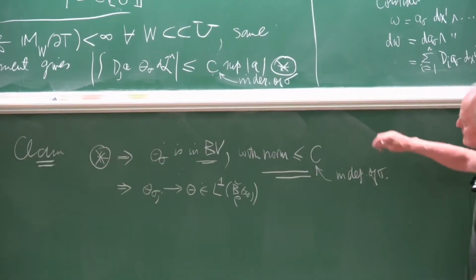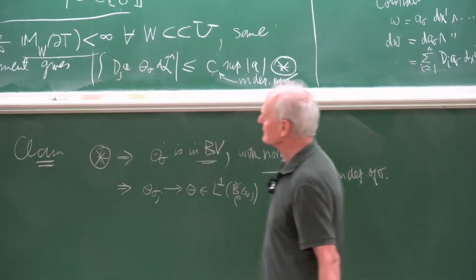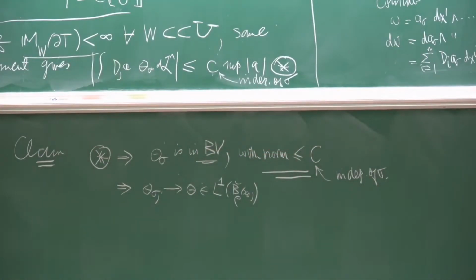So in other words, if you just hypothesize the mass of the boundary should be finite for every W compactly contained in U, then you still get a conclusion.